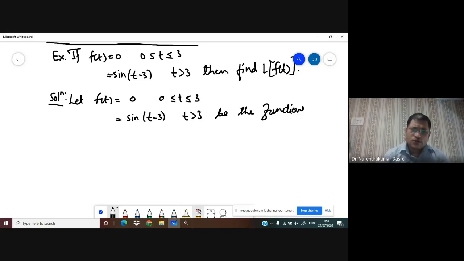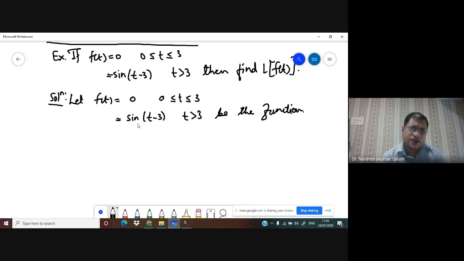Remember one thing: in mathematics it is going to be a function, in technical subjects it is going to be a signal. Here again we can see that from 0 to 3 it has no response, and after 3 it has a delayed response, t minus 3 exactly. Since t minus a is there, it is a delayed response.